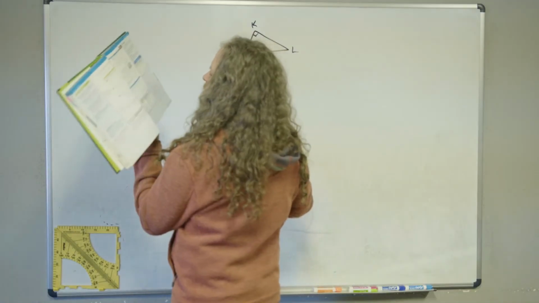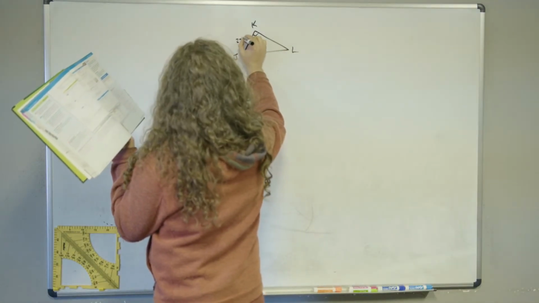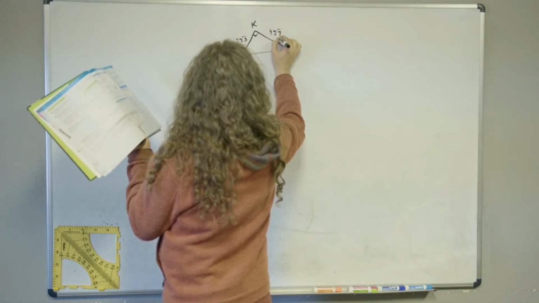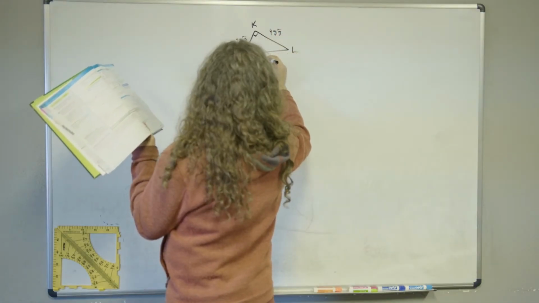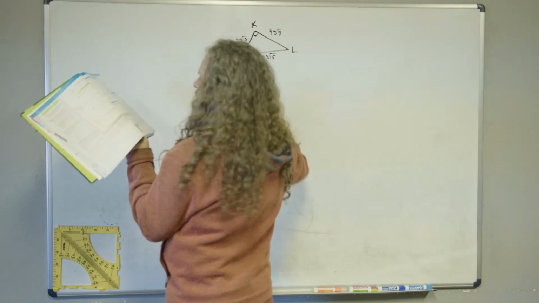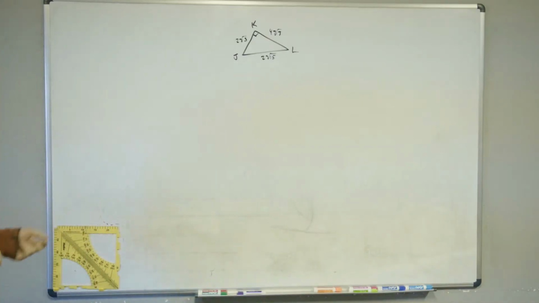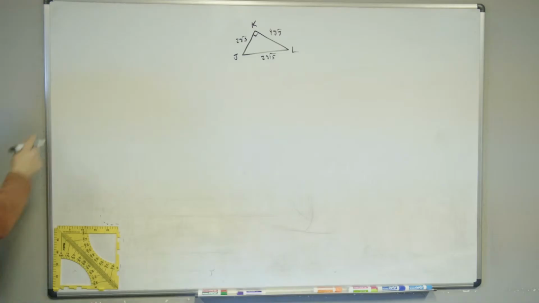And side lengths are 2 times the square root of 3 and 4 times the square root of 3 and 2 times the square root of 15. And we're supposed to find the sine, cosine, and tangent of L and the sine, cosine, tangent of J.